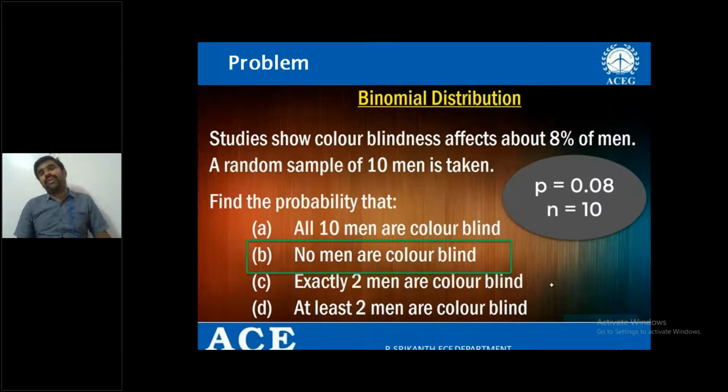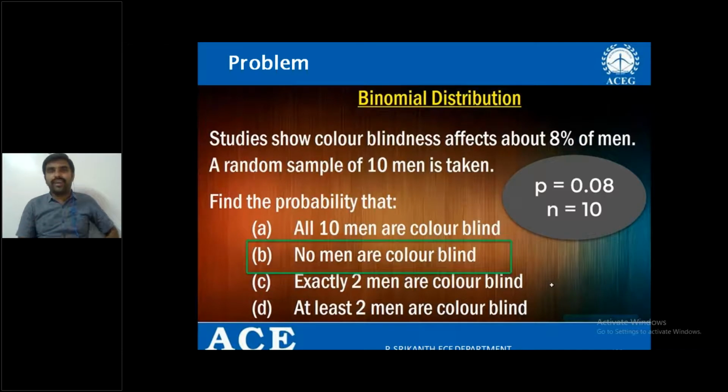No men are colorblind, in the sense, the probability is 0.08, or 8% chance, for color blindness. And the remaining is for no color blindness, that is 92% chance for no color blindness, right? So what is the question given here? No men are colorblind.